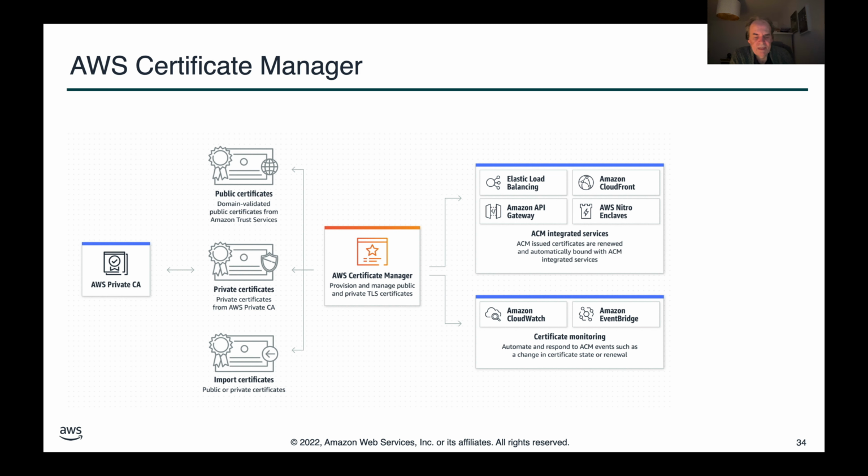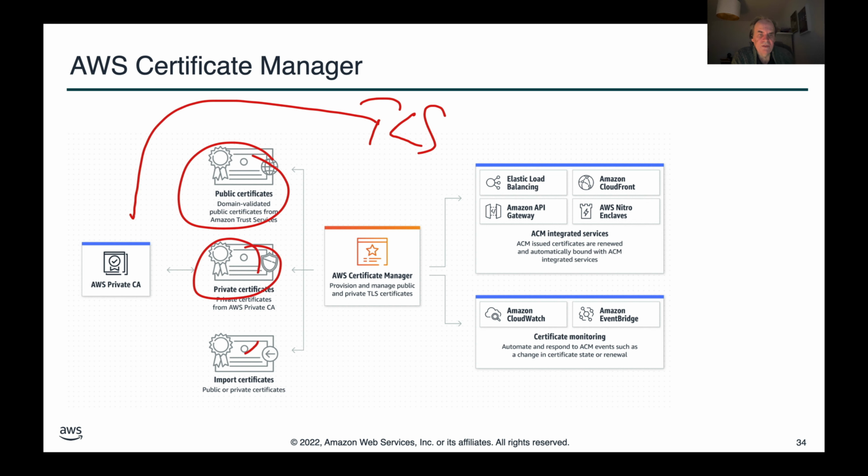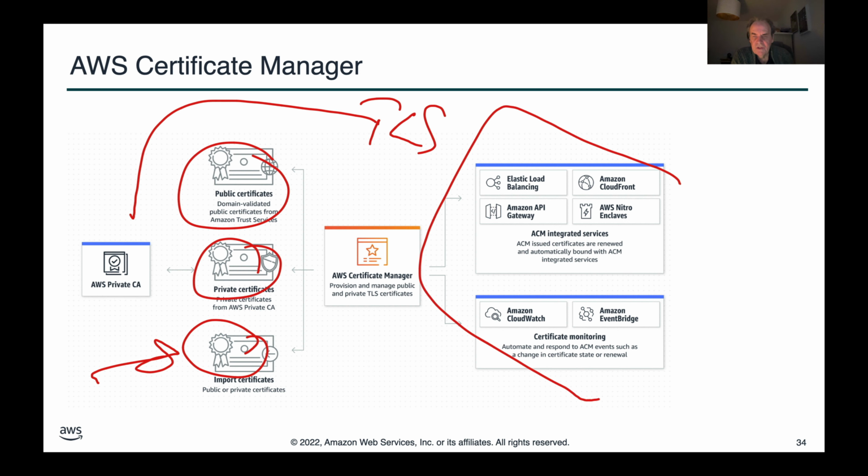If we need to implement TLS, HTTPS, and so on, then we need a certificate storage, and ACM allows us to be able to create public certificates, private ones, and then we can import certificates in here. This allows us to be able to integrate our TLS services into our infrastructure.